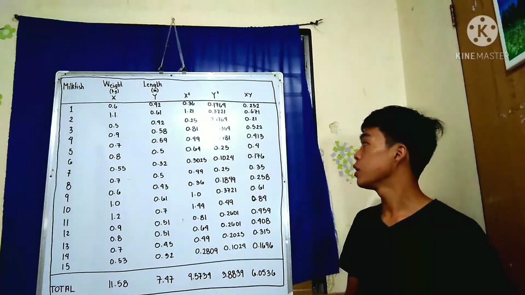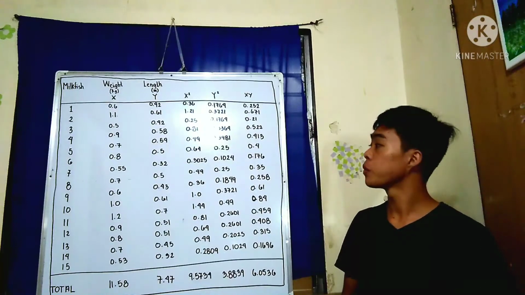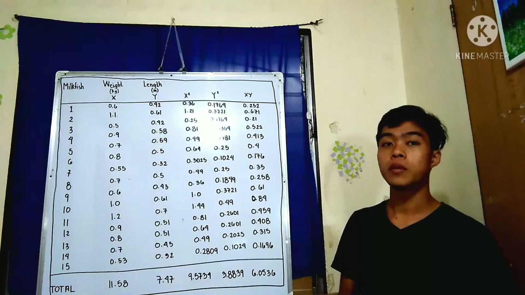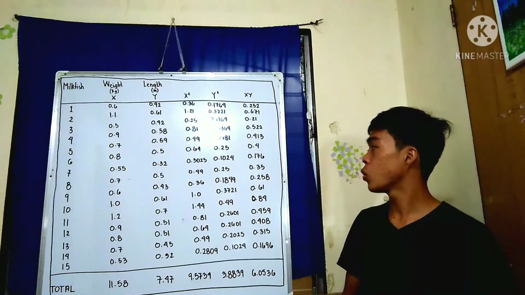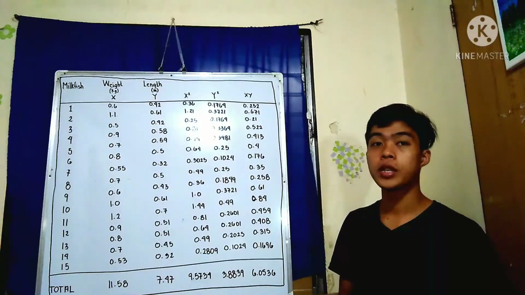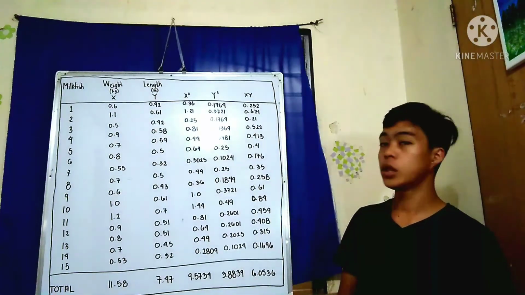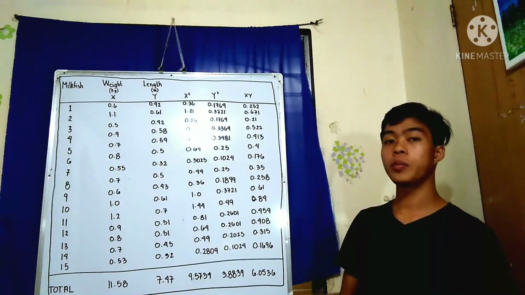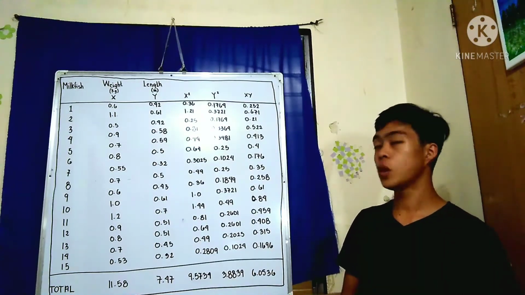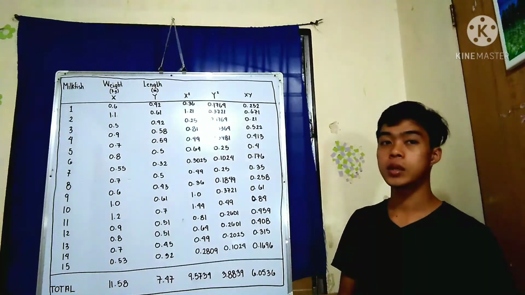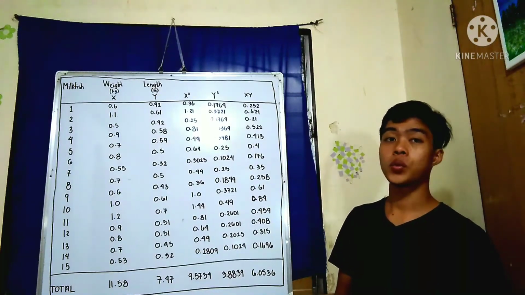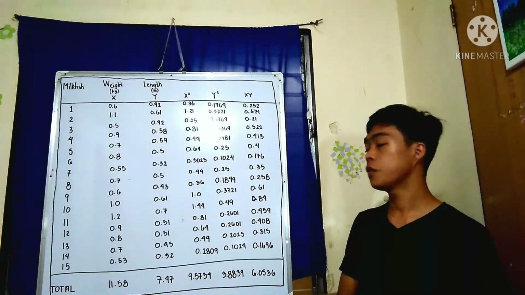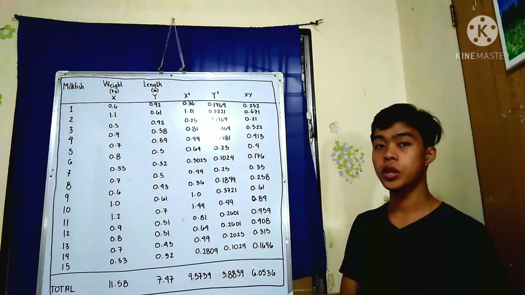0.32 squared is 0.1024. 0.5 squared is 0.25. 0.43 squared is 0.1849. 0.61 squared is 0.3721. 0.7 squared is 0.49. 0.51 squared is 0.2601. 0.51 squared is 0.2601. 0.45 squared is 0.2025.